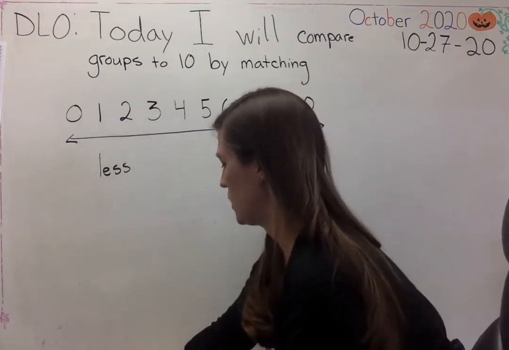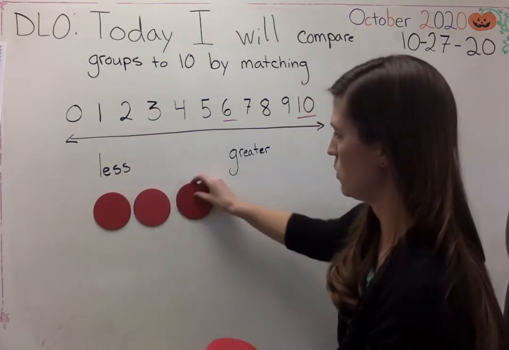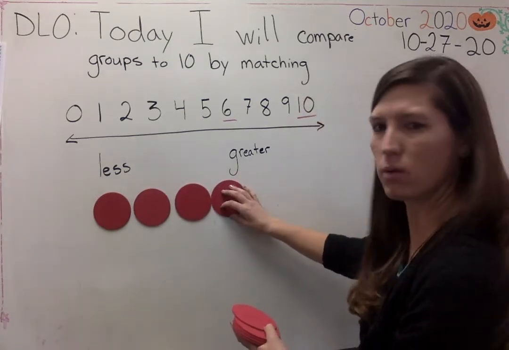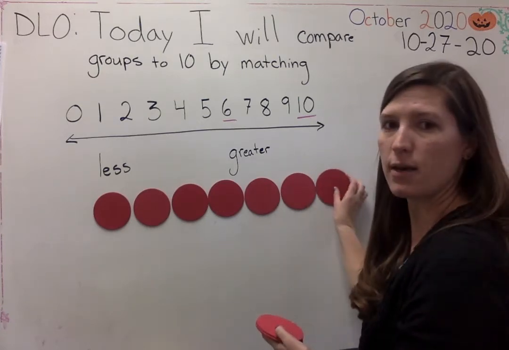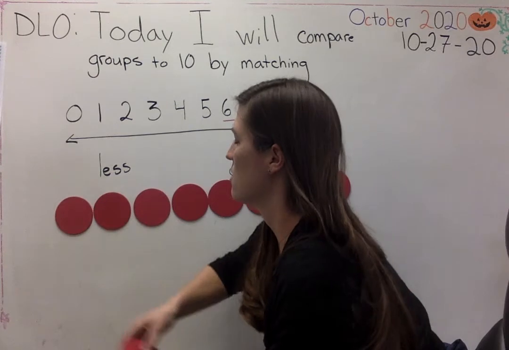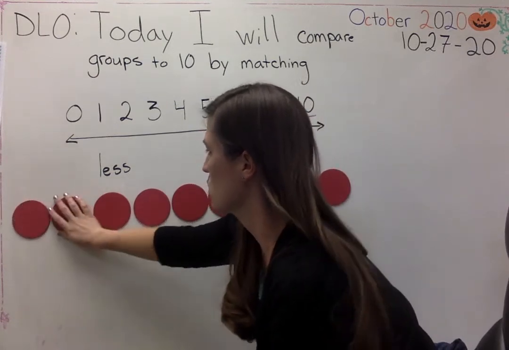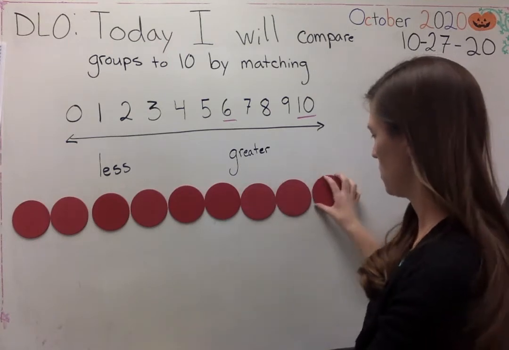Okay, next one. 1, 2, 3, 4, 5, 6, 7. I'm going to push them down so that we have room on the camera. There we go. I'll squish them up.